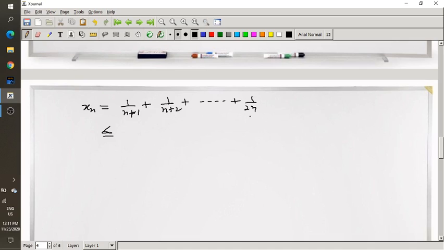That term is largest whose denominator is small. Now 2n is small or n plus 1 is small? Obviously n plus 1 is the smallest denominator. 2n is large, right? So because the denominator of this term is smallest, therefore it will be the largest term of this sequence.